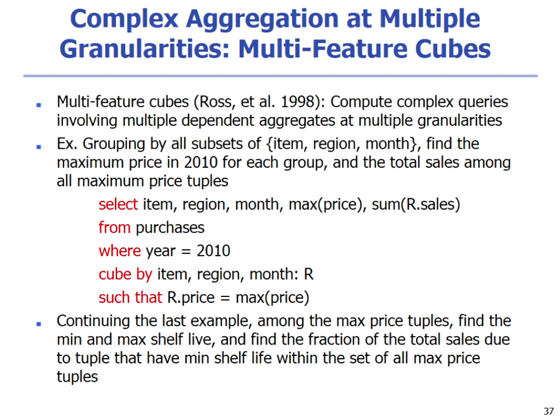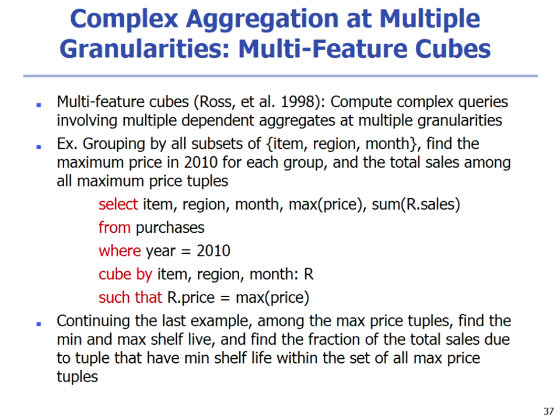Grouping by all subsets of item, region, month, find the maximum price in 2010 for each group and the total sales among all maximum price tuples. To respond to this query, we write: select item, region, month, max price, sum R.sales from purchases where year equals 2010.